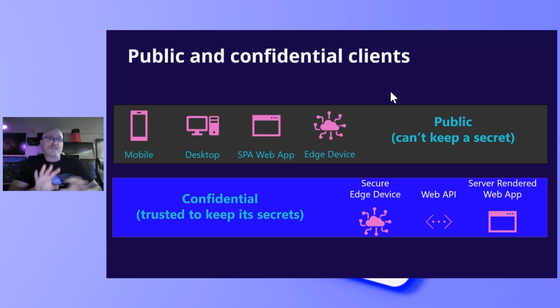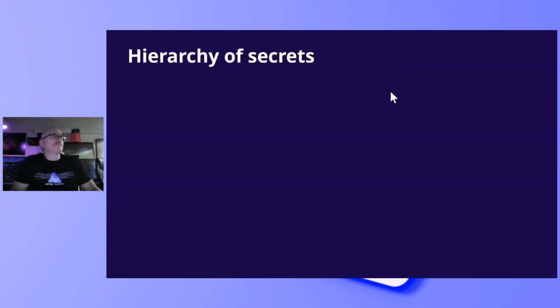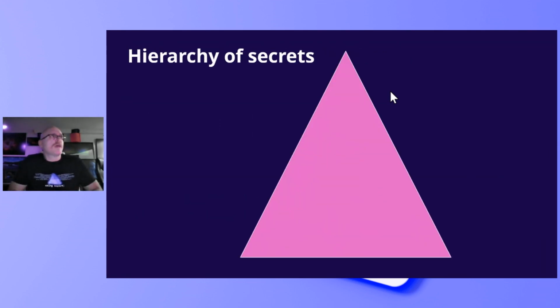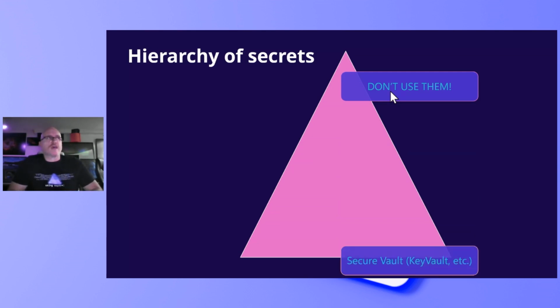Now, even having said that, there are ways to further protect it, even if it's a confidential client. So I call this the hierarchy of secrets and ways to manage them. And I would say at the top of that is just don't use them. If you can get away with a certificate and something more robust and strong, absolutely go for that mechanism.